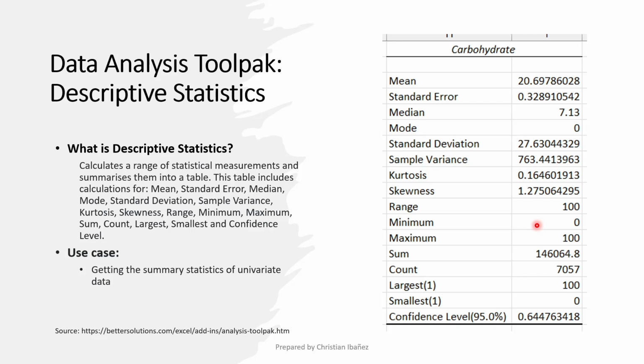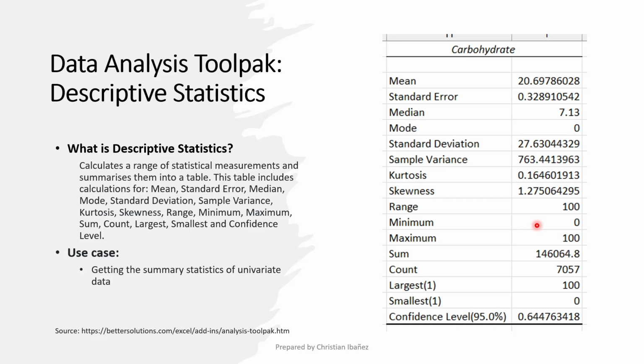This table includes calculations for mean, standard error, median, mode, standard deviation, sample variance, kurtosis, skewness, range, minimum, maximum, sum, count, largest, smallest, and confidence level. So there are a lot of statistical metrics that are pulled using this tool from our data.